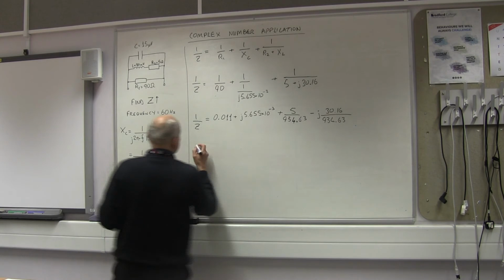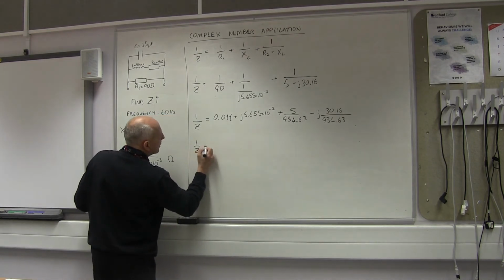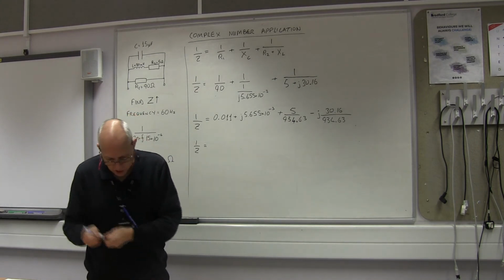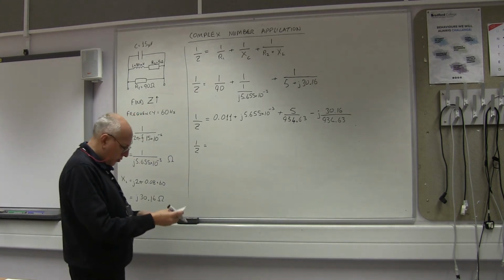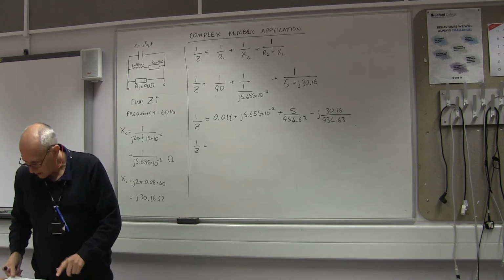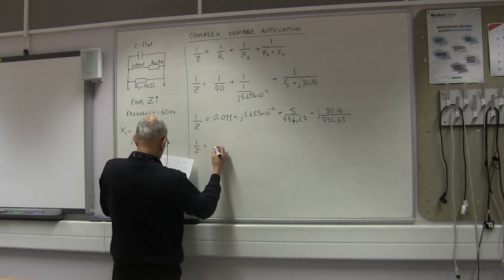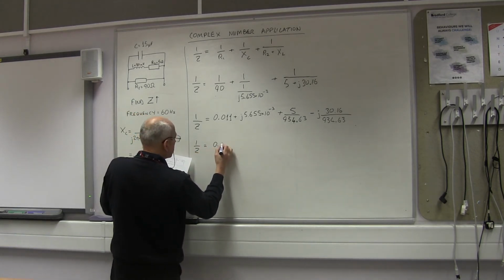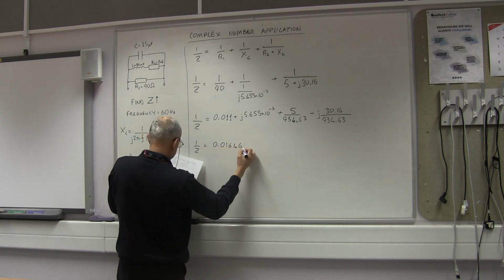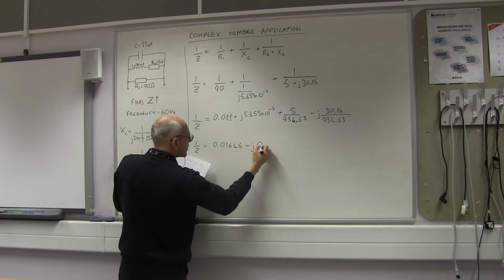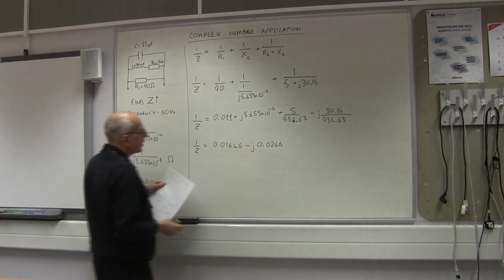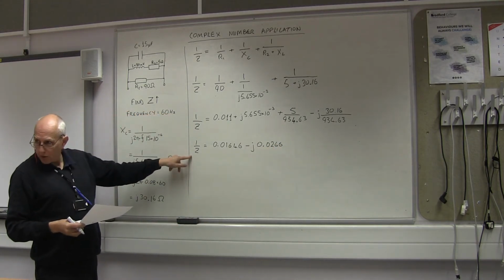So that will give me 1 over Z to equal, well, we're not going to do it because I have the answer. 1 over Z gives me this. So 0.01646 minus j 0.0266. So that's 1 over Z, but we want Z.